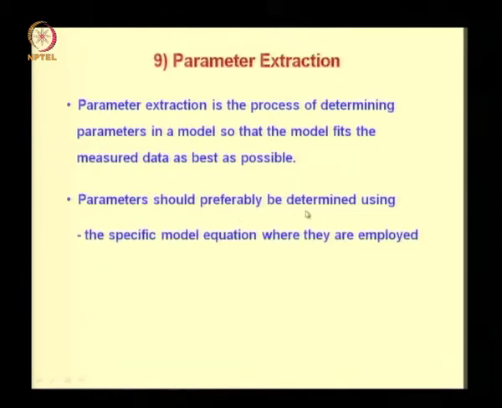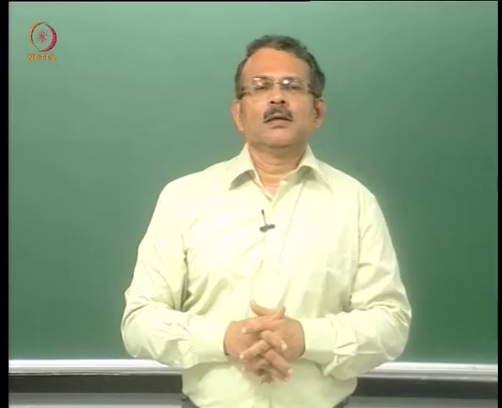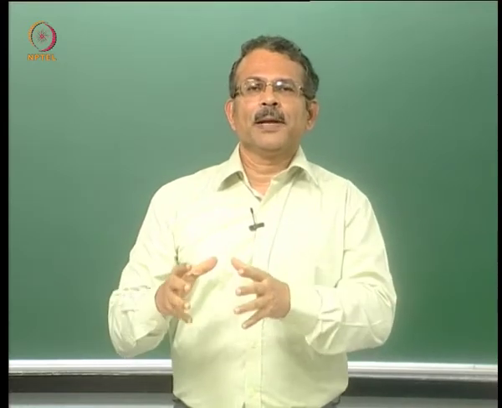Parameters should preferably be determined using the specific model equation where they are employed and using the device geometries, biases and measured quantities relevant to the application. These points are very important. For example, supposing you are deriving the mobility of a MOSFET to use a particular model.